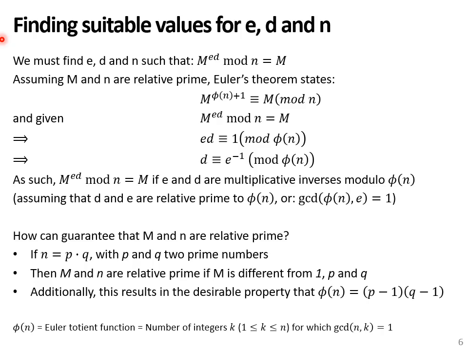This property that n is the product of two primes is also desirable, because then the totient of n can be very easily calculated, being equal to p minus 1 multiplied by q minus 1. While for a general number n, it's very difficult to calculate the totient.